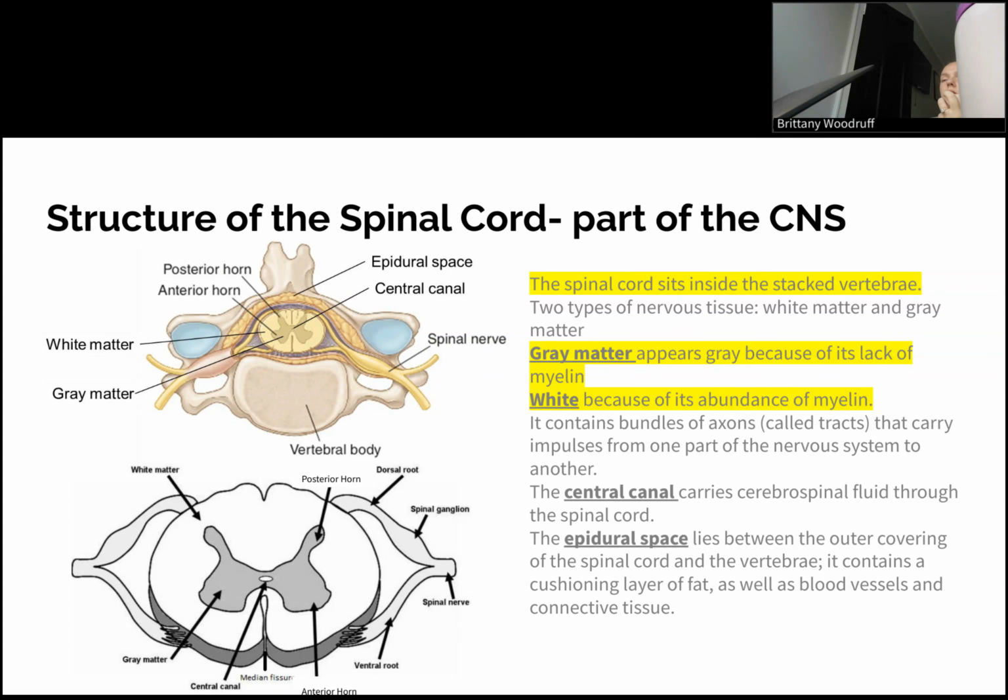The difference is the epidural space. In your brain, it's mostly fluid and pretty close to the skull. The epidural space in your spinal cord, on the other hand, is more of a fatty layer, a cushion of fat as opposed to being right against the skull.